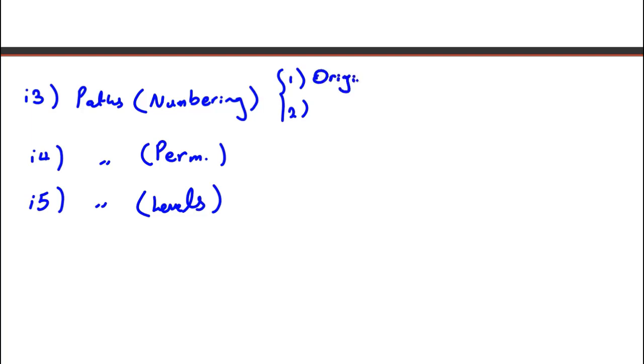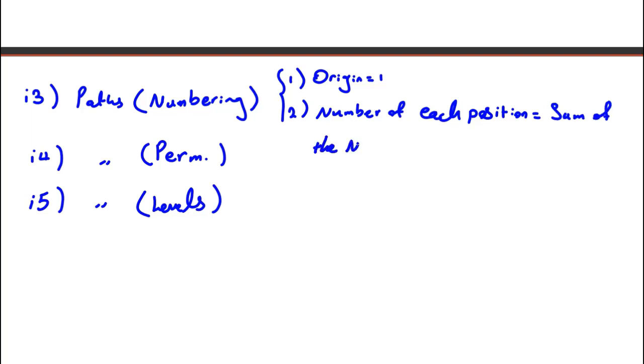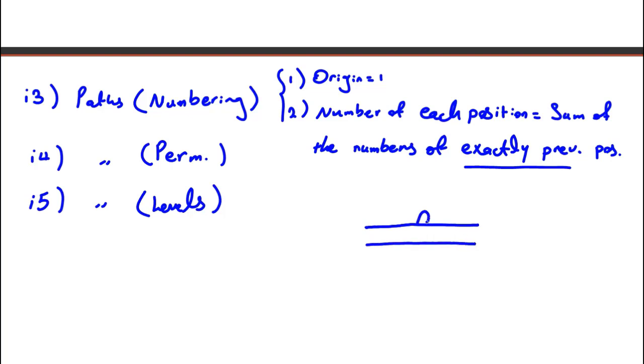For this idea, you should say origin is 1 and the number of each position is equal to the sum of the numbers of exactly previous positions. Why? Let me explain for you. It means what? Suppose we have, for example, a school in a street.